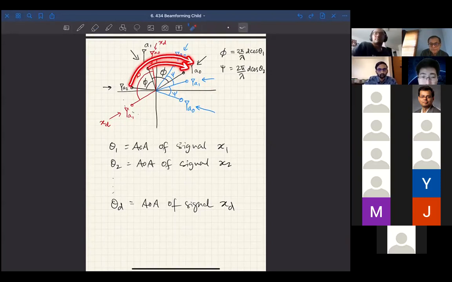The black is just one signal. This vector corresponds to one signal at one antenna. That same signal is arriving at different antennas.